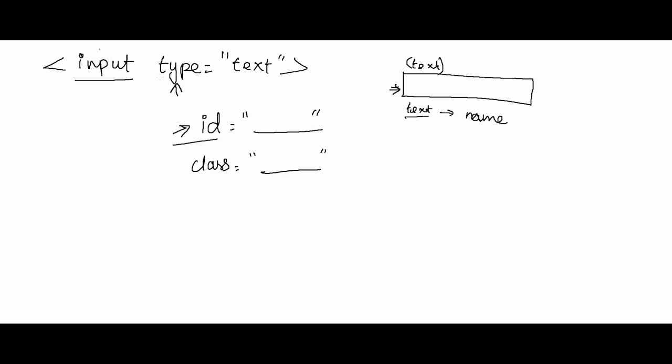If I am using ID for this input box, it means that ID is assigned only to this input box. There is a main difference between ID and class. You have come across these attributes many times. In CSS also, ID and class play a very important role.